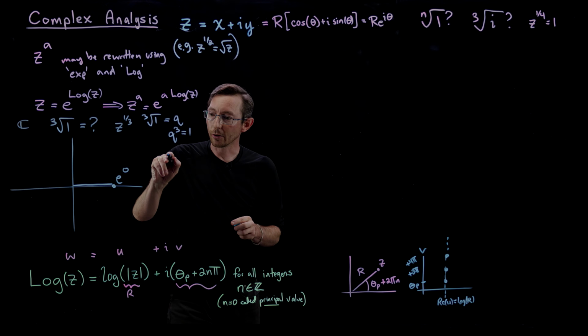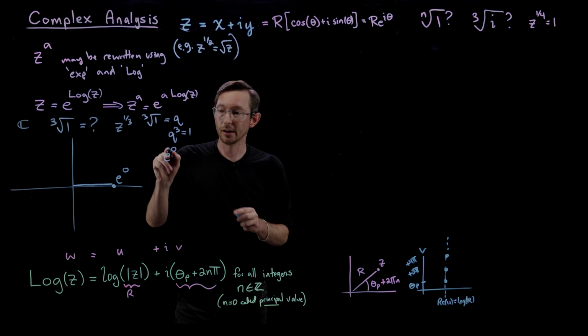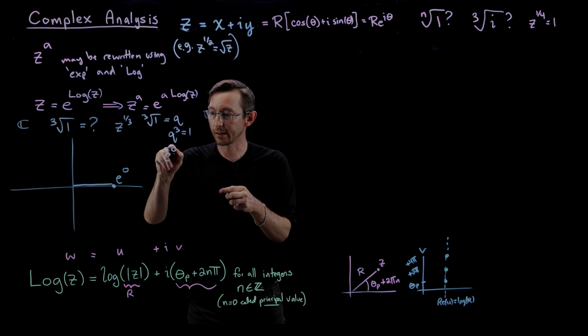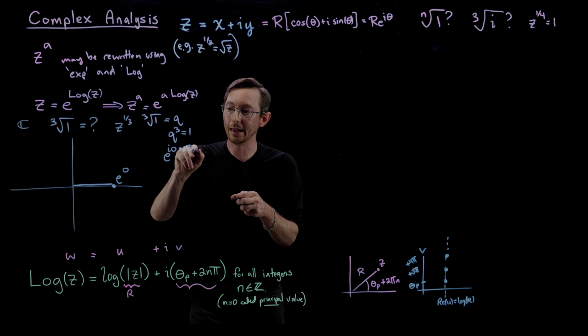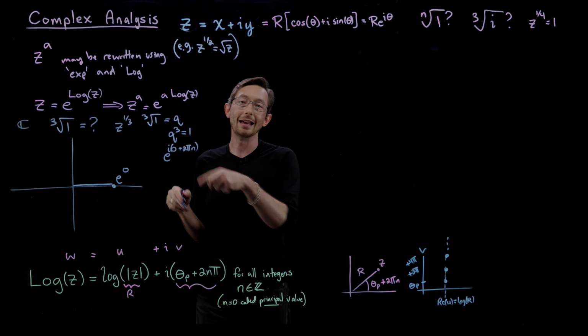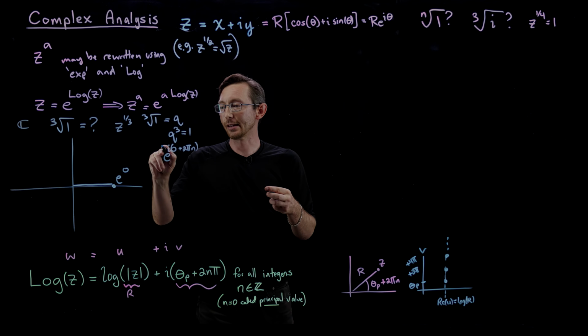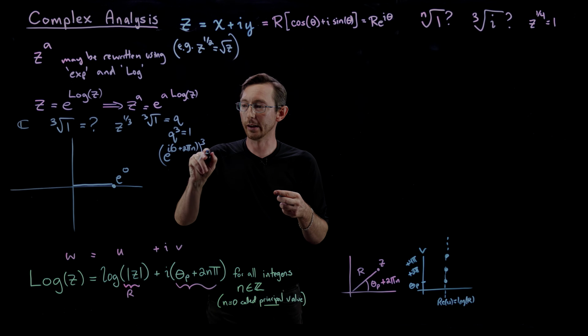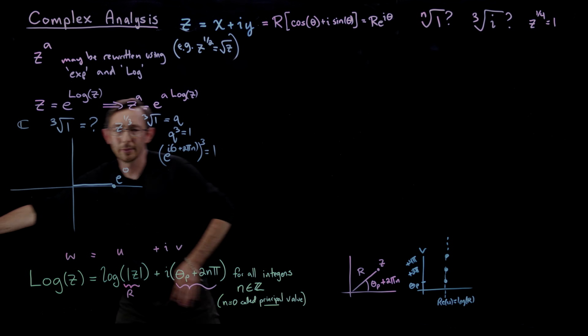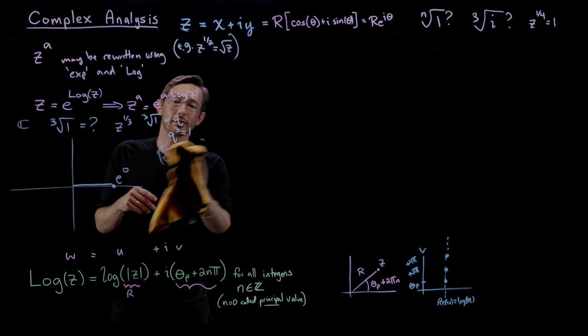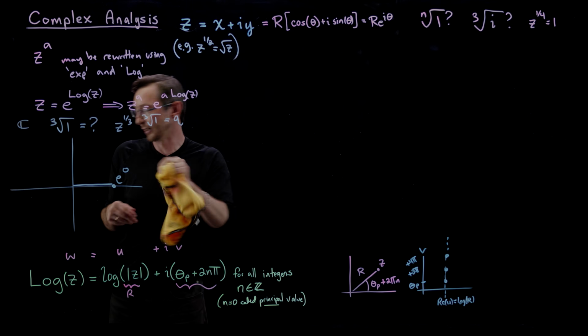I know that e to the i0 is one solution, but I'm going to claim that I can add 2 pi n to that, and that's also going to equal 1 when I cube it. Let me show you. I'm going to draw the picture, then we're going to derive this. I think this will make it easier to understand.